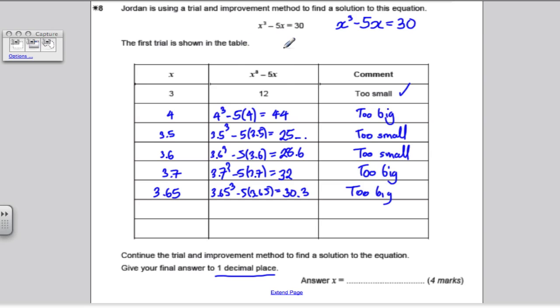So let's think what this means. At 3.6 we were small, at 3.7 we were big, and at 3.65 halfway between we were too big. So the answer must be closer to 3.6. So the answer to 1 decimal place is actually 3.6.